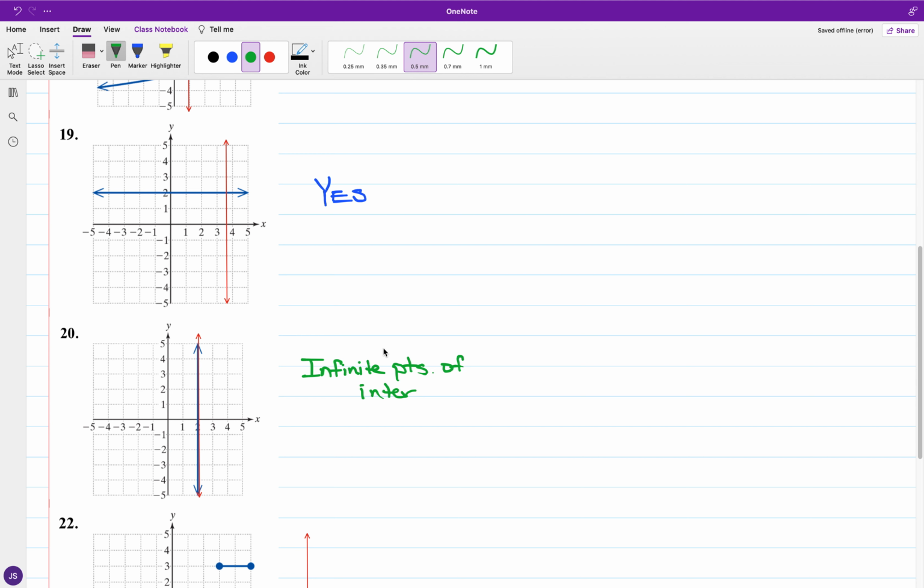So while a horizontal line will be a graph that represents a function, a vertical line is going to be anything but. Like x is equal to 2, that is not a function.